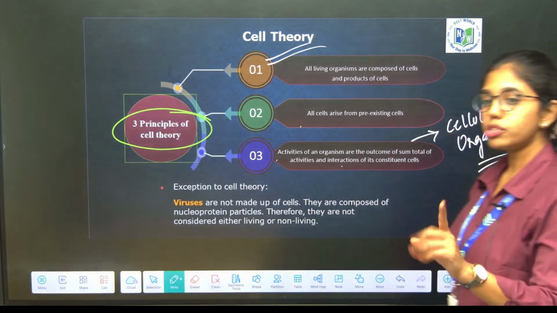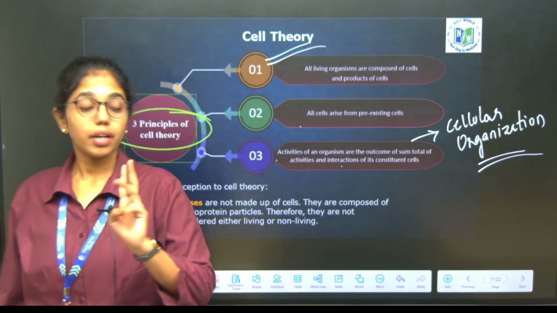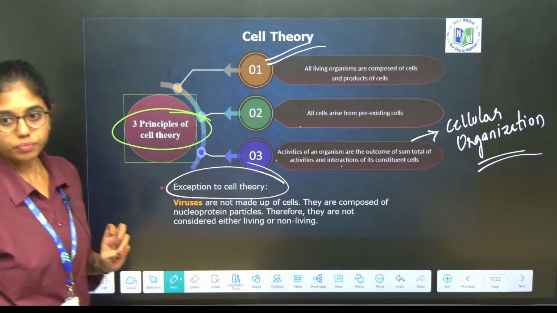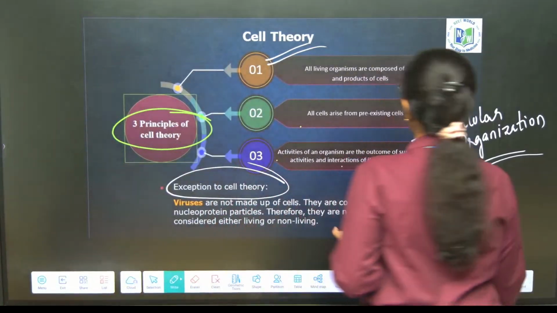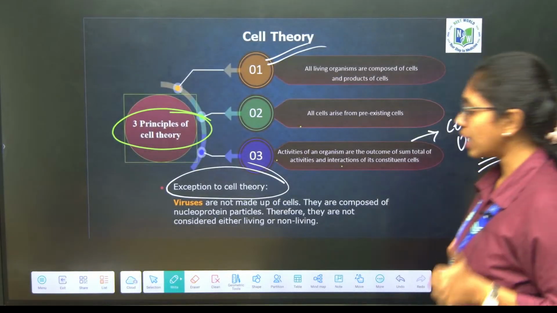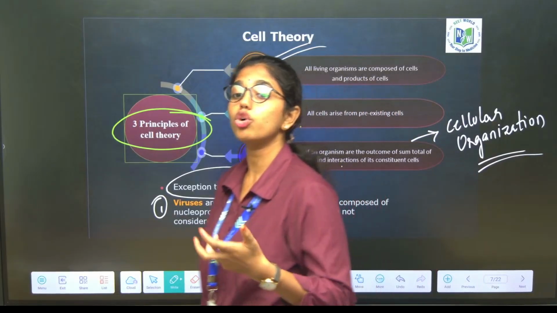Okay. Now cell theory is clear to you. Modified cell theory is clear to you, right? Now we have to know what the exceptions of cell theory are, which organisms are the exceptions. First is virus, because viruses are just called nucleoprotein structures.